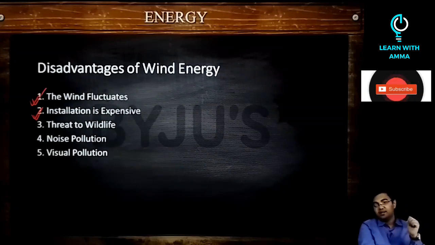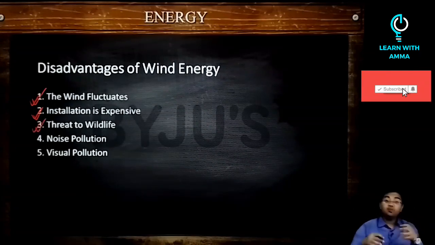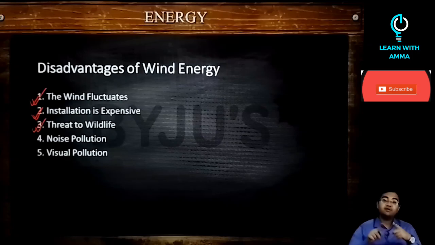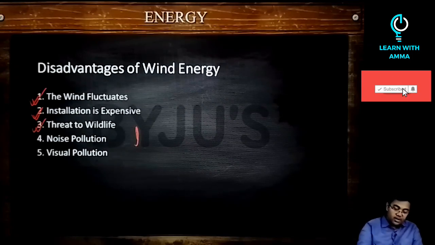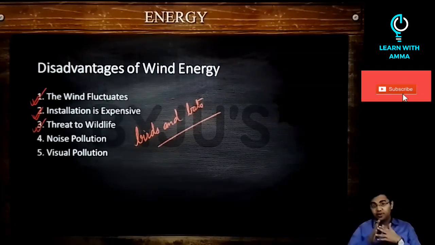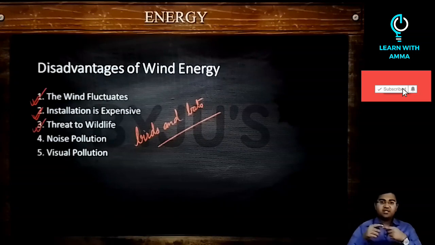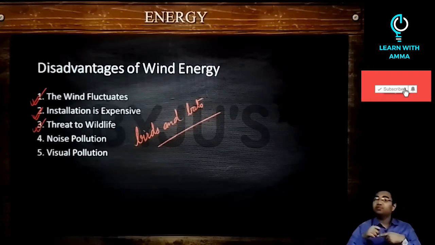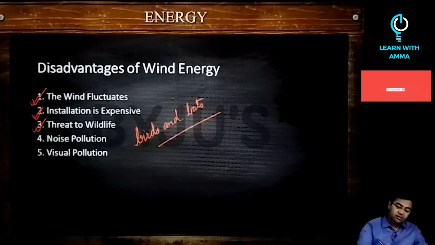Then apart from that, it can be a threat to wildlife. What has been widely reported is that turbines pose a threat to wildlife, primarily to birds and bats. Because of this, wind turbines are increasing the mortality rate among bird and bat populations, which is one of the major disadvantages associated with wind energy.